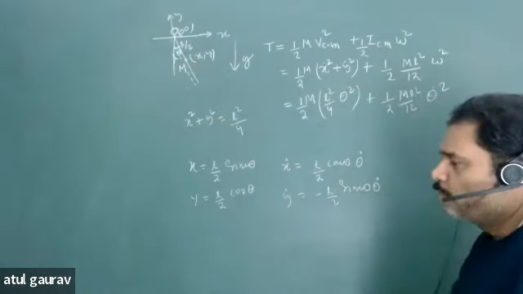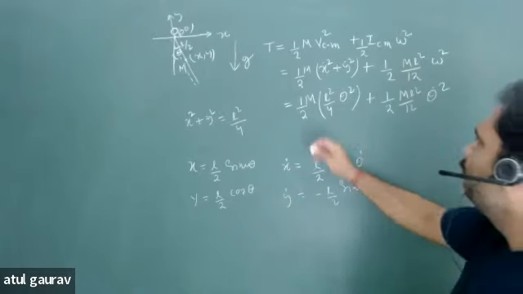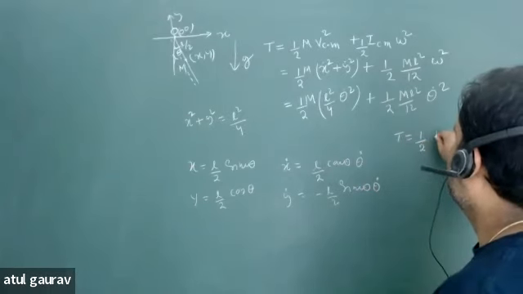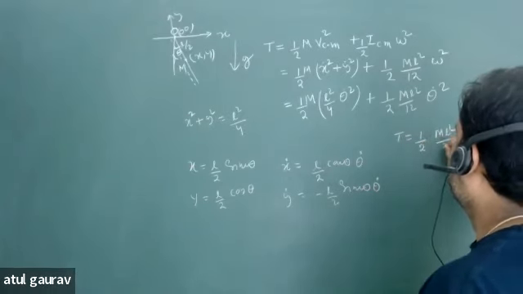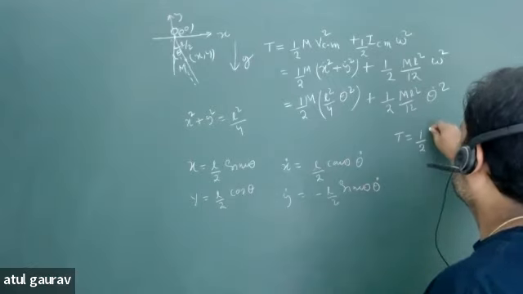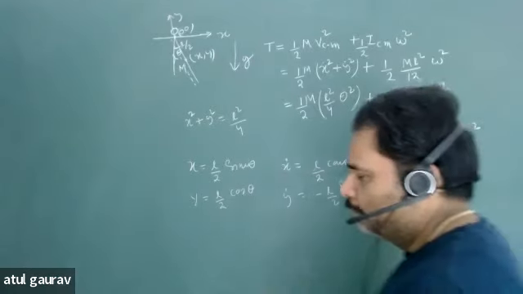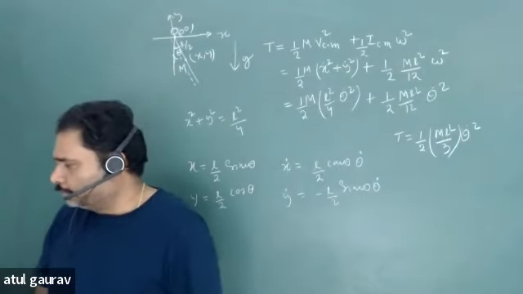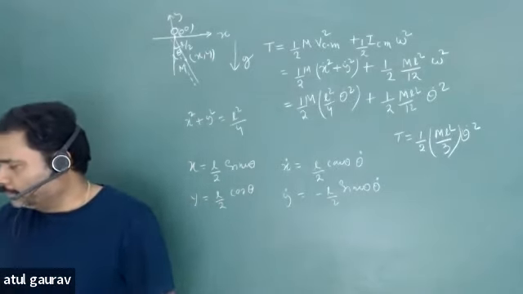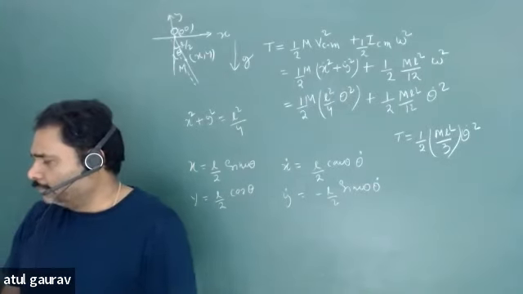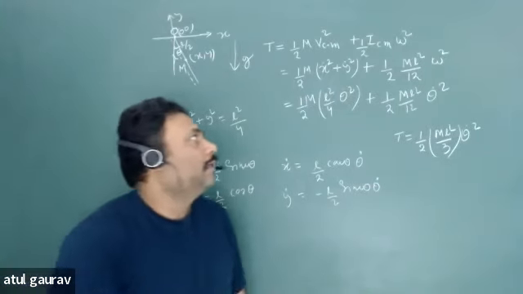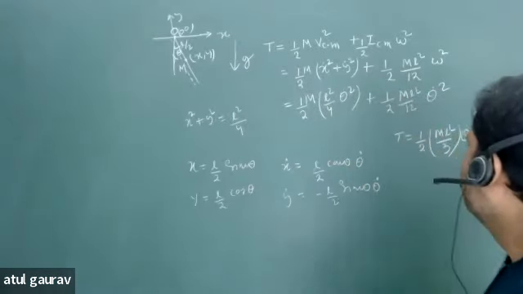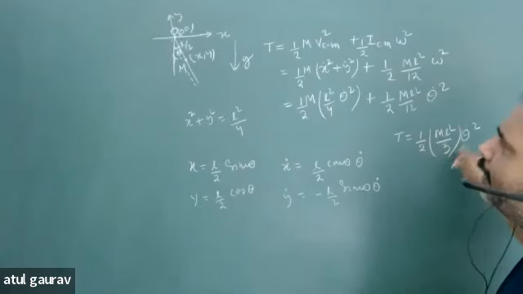Yes? And if you add it, the kinetic energy of the system is, you can see, half ml square by 3 theta dot square. Everyone is comfortable? Sir, L square by 2 theta dot square will come, right, on adding? No sir, it is correct, sorry. Okay, now this is your kinetic energy, isn't it?